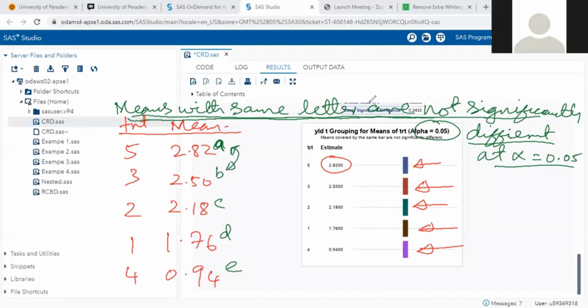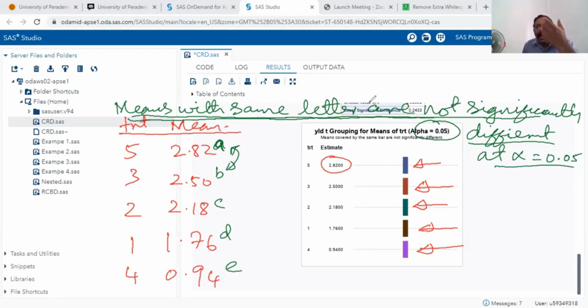Yes, because treatment 5 is A and treatment 3 is B. So there's a difference. This is how we can give the letters, like you are getting your grades for each subject. Likewise, we are giving a kind of grading.